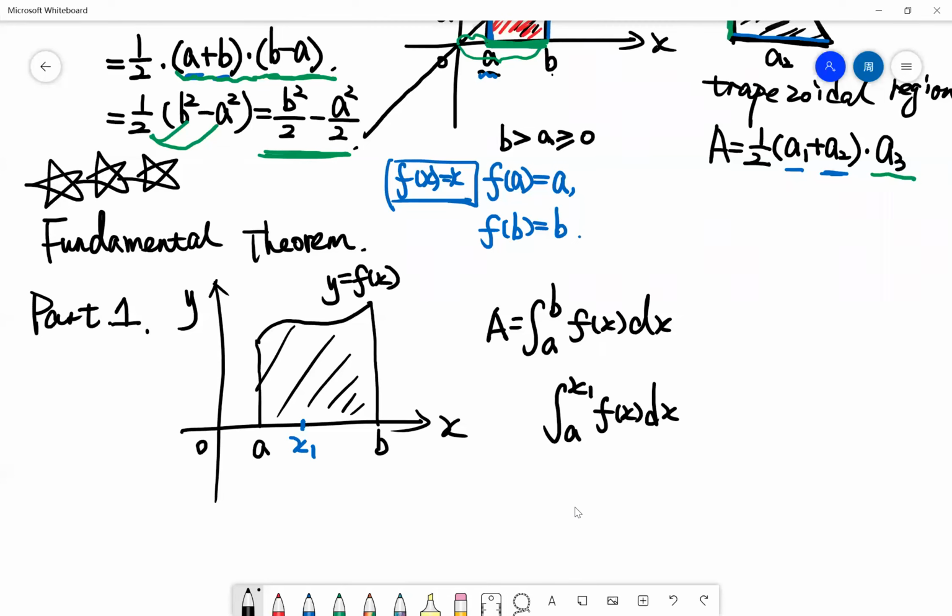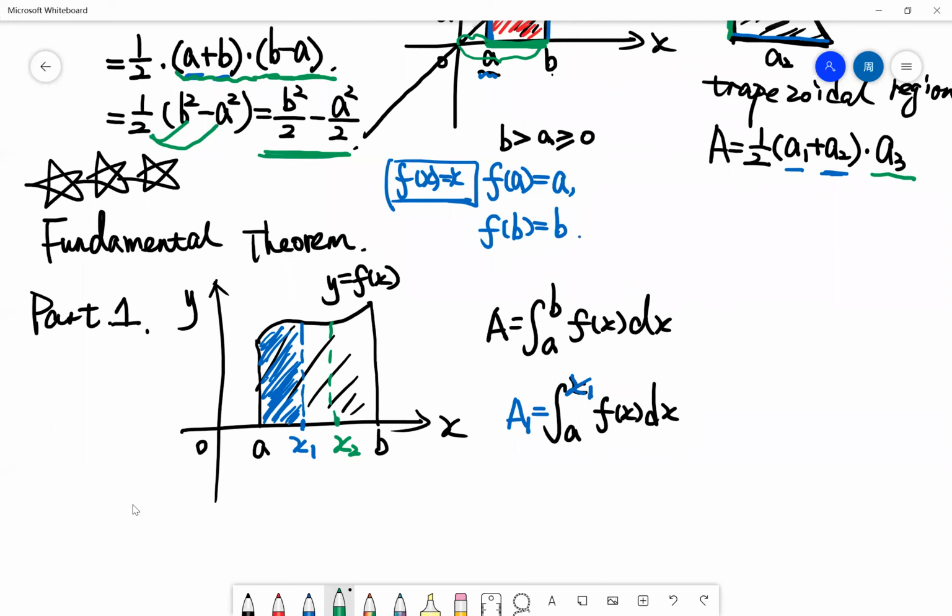And from A to x1, f of x dx means the area of this part, this blue part, right? This is the area. So this definite integral, maybe I can call it A1, the area of the part A1.